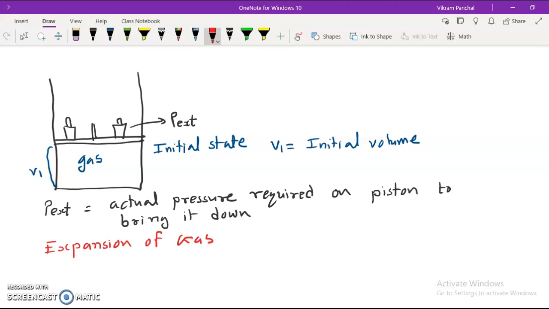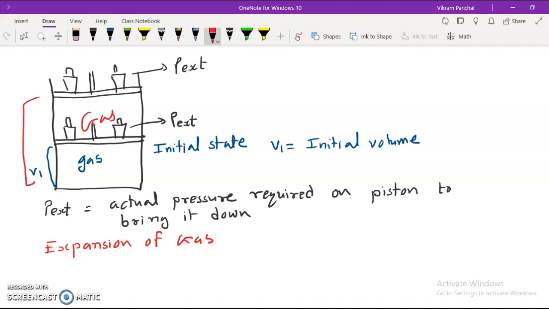We are not changing pressure; because of certain reactions inside this cylinder, the number of moles increased, and that is why the piston moves upward without changing pressure. So volume increased. The pressure would be the same, P external.